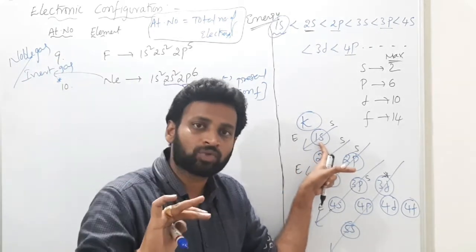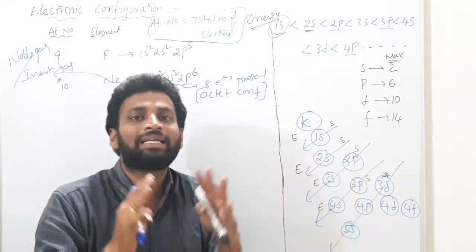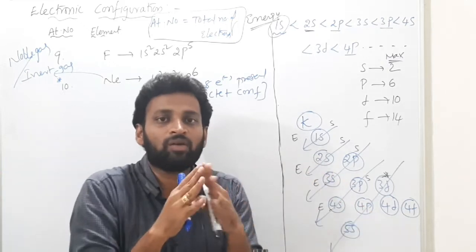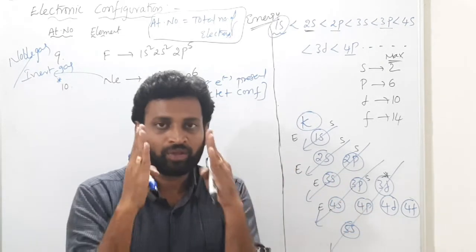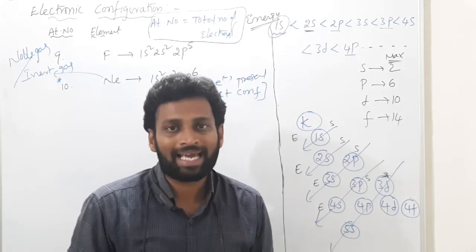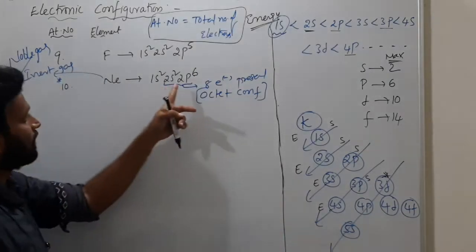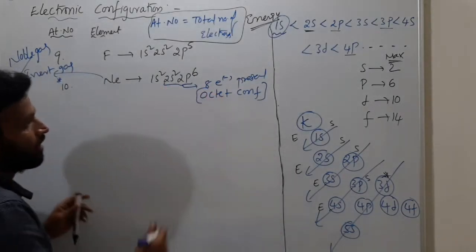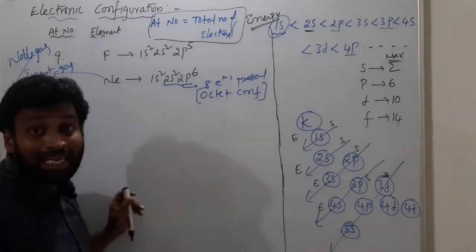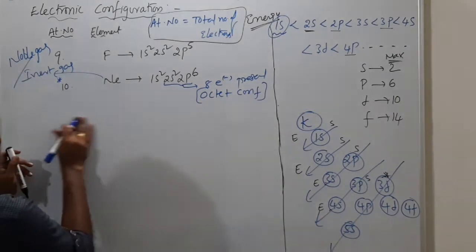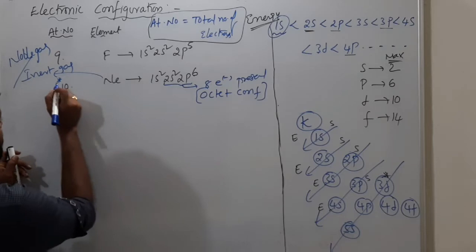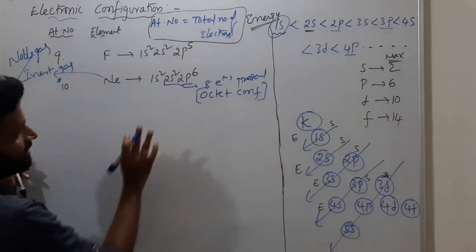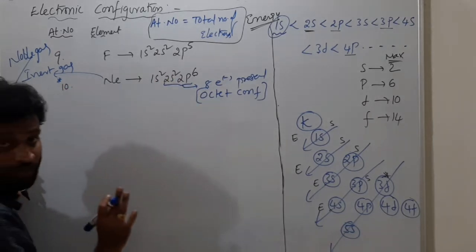So helium has a completely filled shell, therefore helium is also a noble gas. And neon is a noble gas with octet configuration. Octa means 8 electrons. 10 elements we discussed, neon, differentiating electron, everything we discussed.